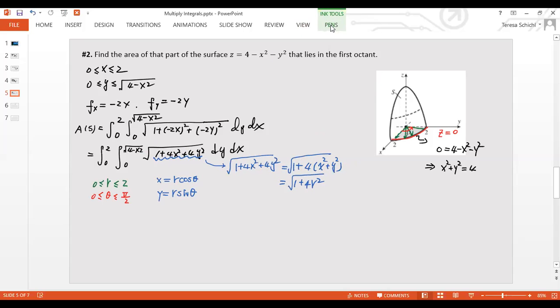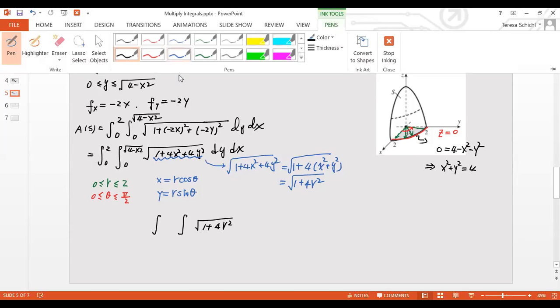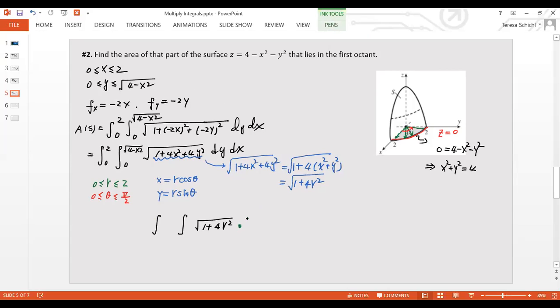Okay, so now how do I rewrite these integrations here? We changed this one, this is 1 plus 4r squared. And also, if you remember, when we do polar, what do you need to multiply here?